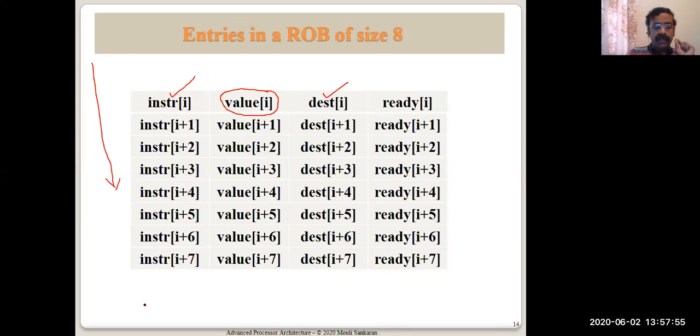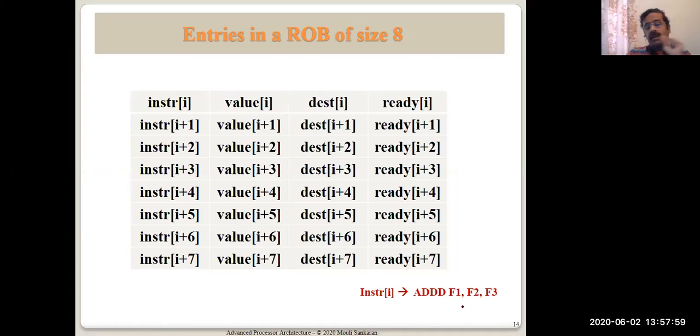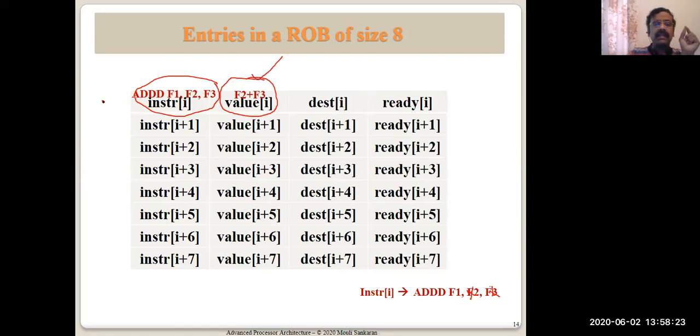Suppose, let me give an example. I have an instruction, add F1, F2, F3. I'm not storing F2, F3 anywhere. I am storing that the instruction add F1, F2, F3 came in. I am storing this as the instruction. And what is the value computed? I am storing not the actual contents of F2 and F3, but the result computed. That means if I have an entry here, it is already executed.